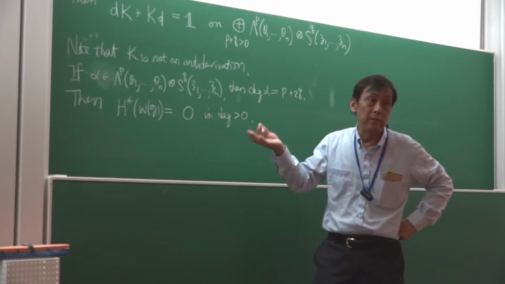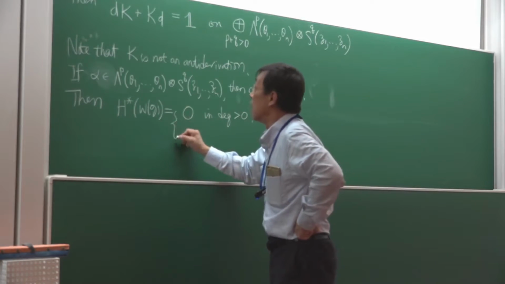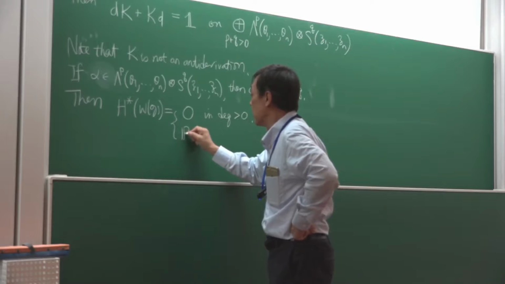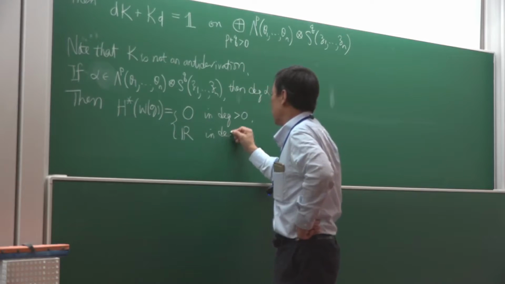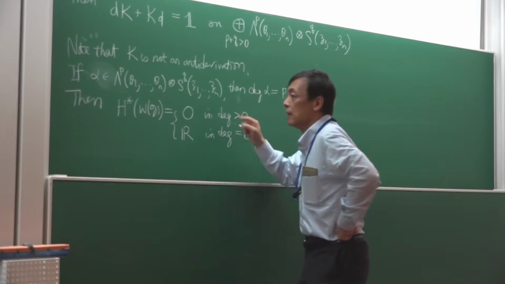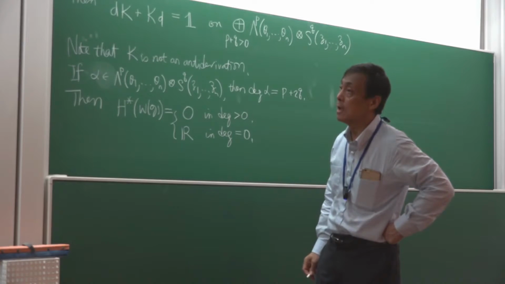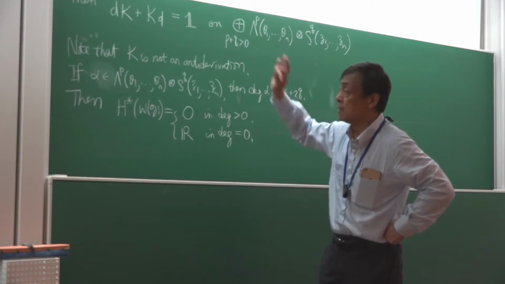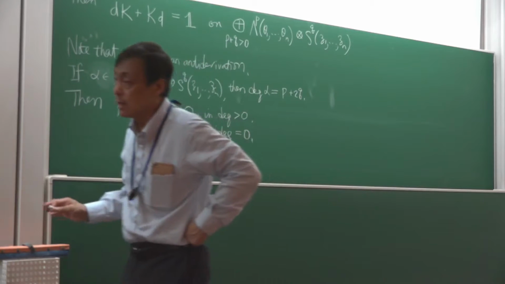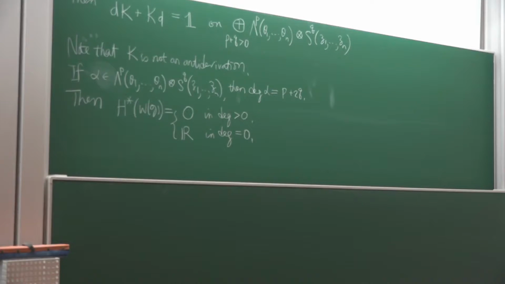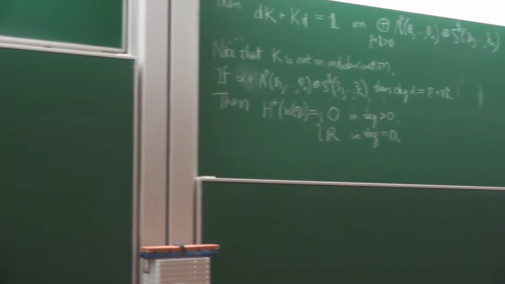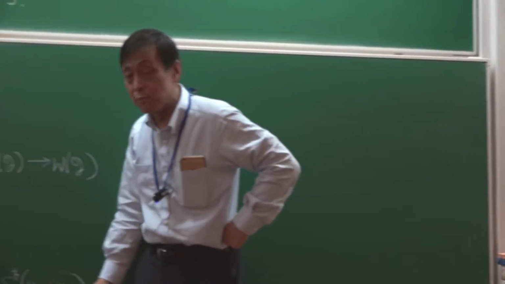And then in degree 0, you only have R, the constants. So this is the cohomology of the Weil algebra. And I think this is the only mistake that I made last time: instead of the generators z1 to zn, I used u1 to un.